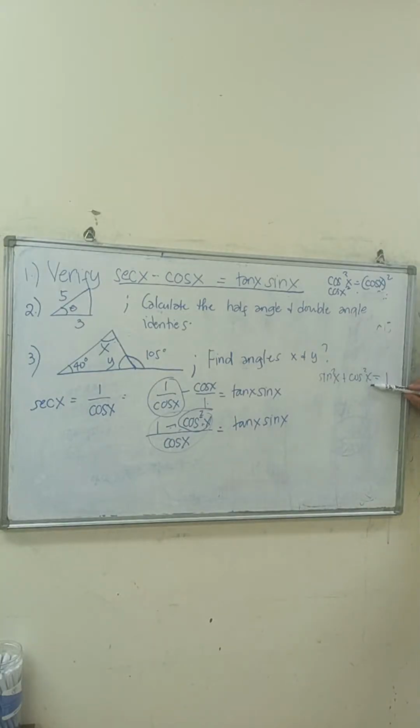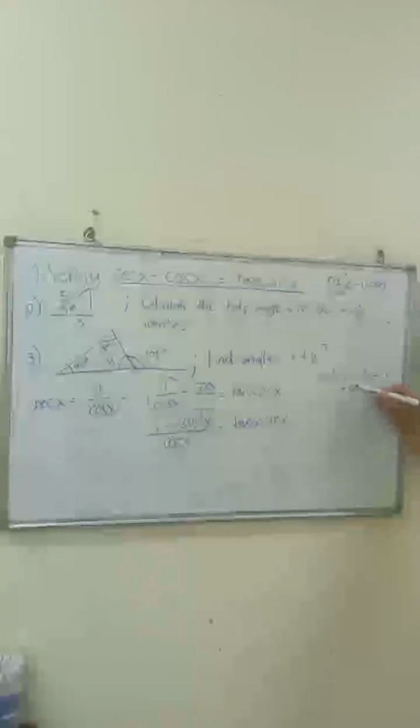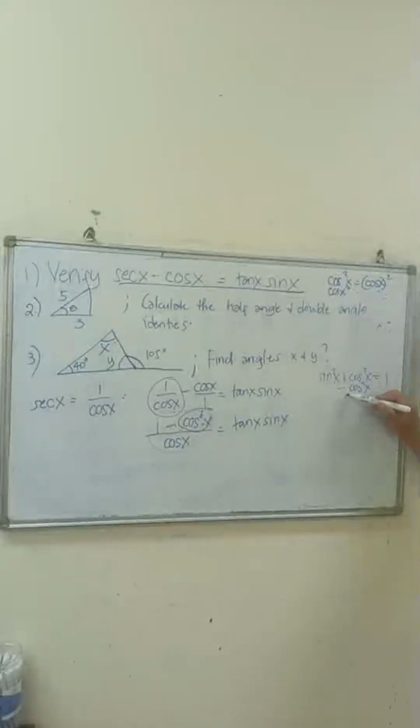Of course, you're going to manipulate this so that we can obtain an expression like this. How can we do that? So that we can have 1 minus cosine squared x. Get the point? We subtract cosine squared x from the left side and the right side.